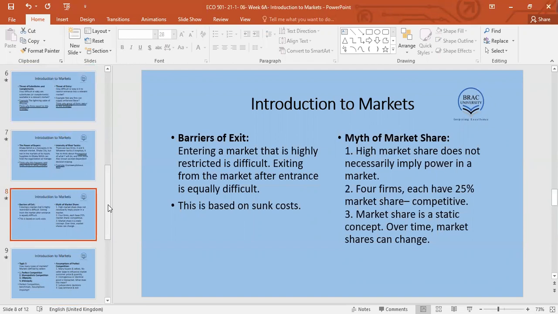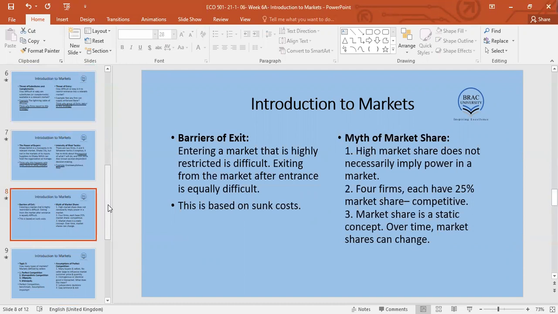Finally, we have this myth that circulates about market share. We're obsessed with market shares. How are we obsessed? If I have a big market share, I think I have monopoly power, I have market power, I can control the price, etc. But let's give a simple hypothetical example. Let's assume in an industry there are only four firms.